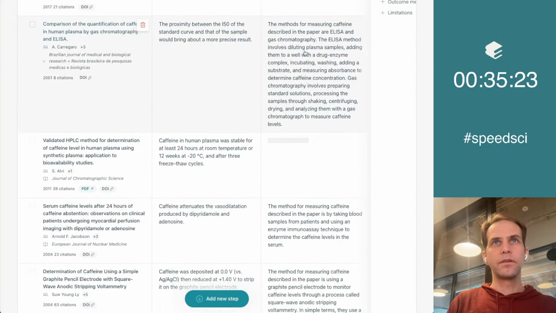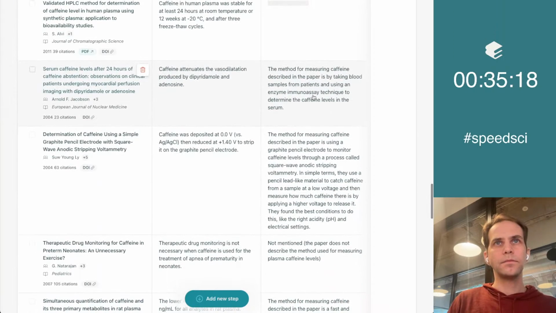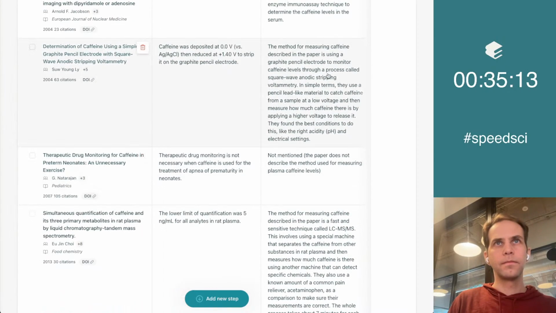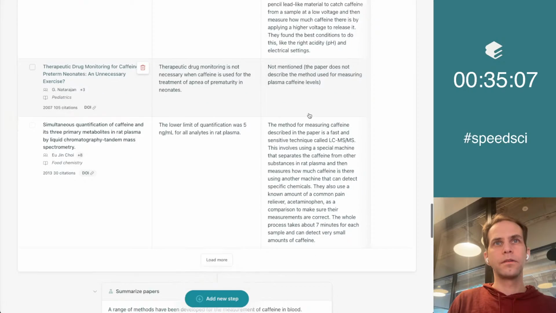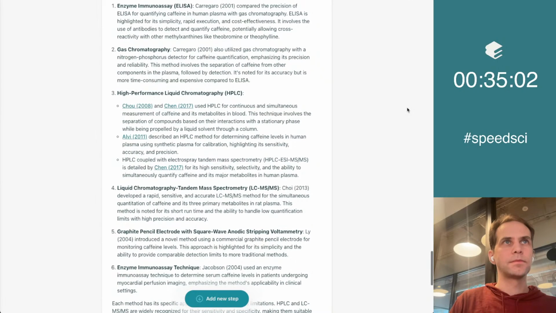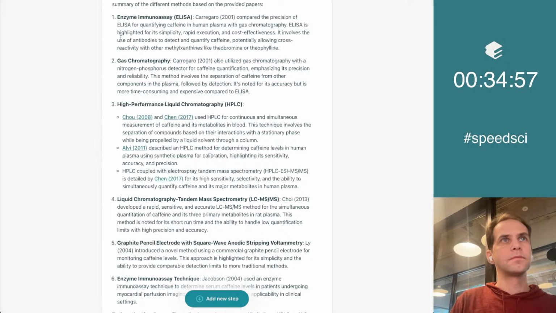The ELISA method, diluted plasma samples, enzyme immunoassay technique, graphite pencil electrode, okay, the use of antibodies to detect and quantify caffeine.